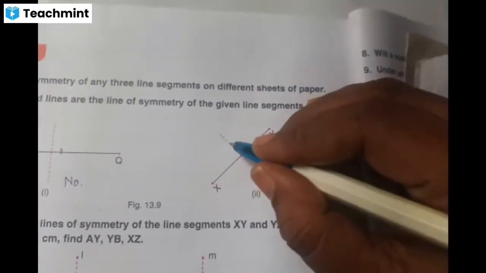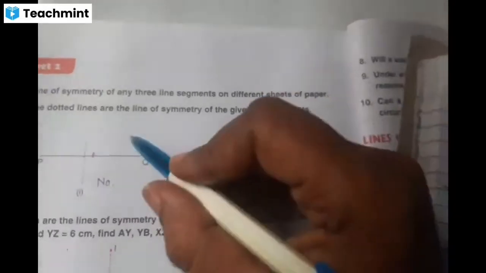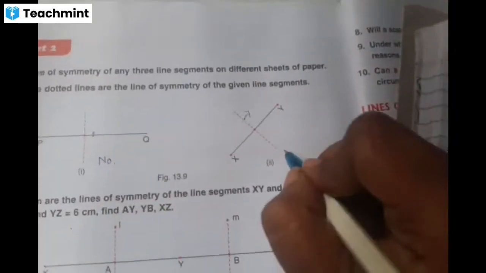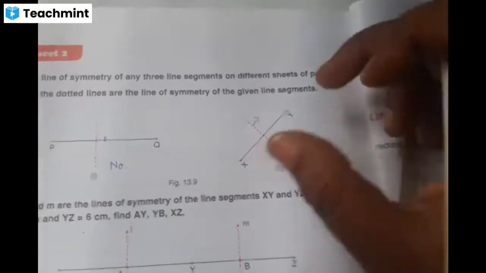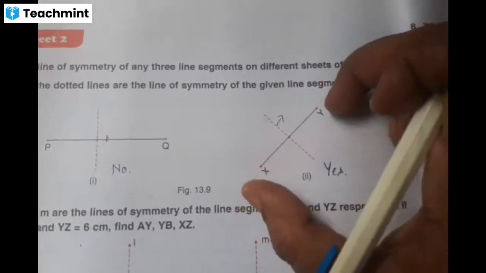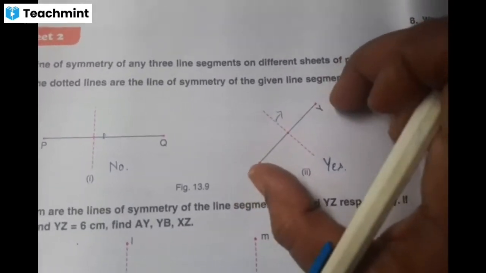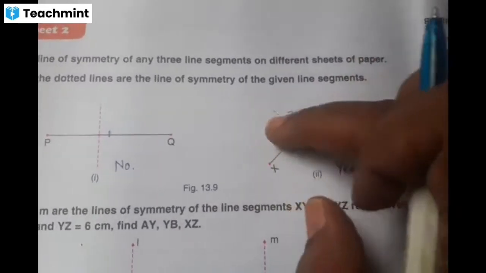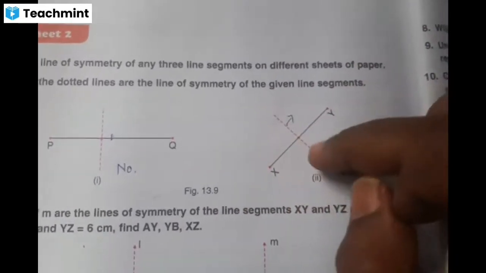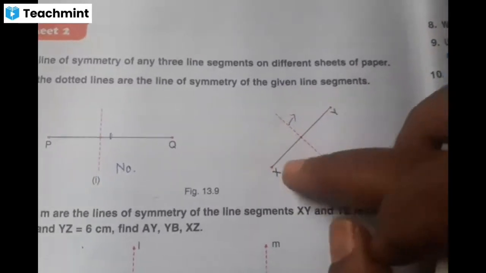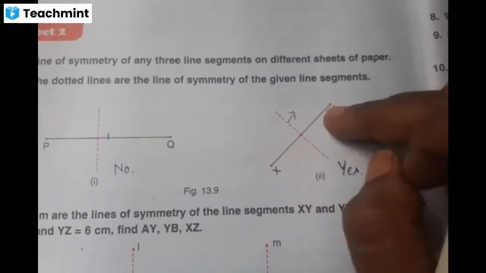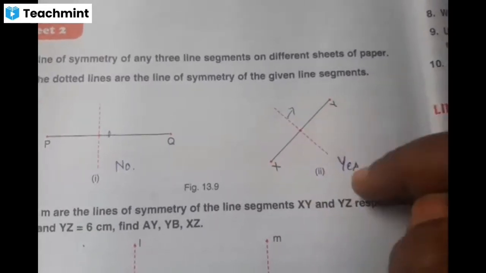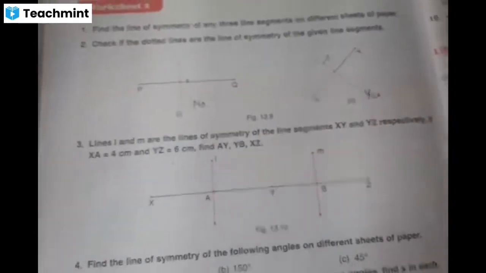So this dotted line represents the line of symmetry. Therefore, we can write it as yes. What you do, children, in your textbook, with the help of the ruler, you just measure it. And this line of symmetry, which is the dotted line, should be half of this measurement. You just check it, children. So we will write the answer as yes.